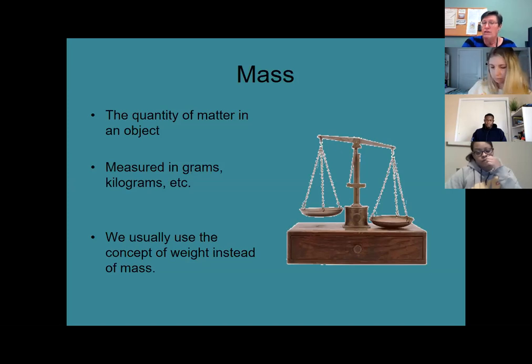So weight on the Earth depends on the Earth's force of gravity. My 10 kilogram object in a spaceship in outer space, where there is no gravity, has no weight. So its weight is 0 in outer space because there's no force of gravity.